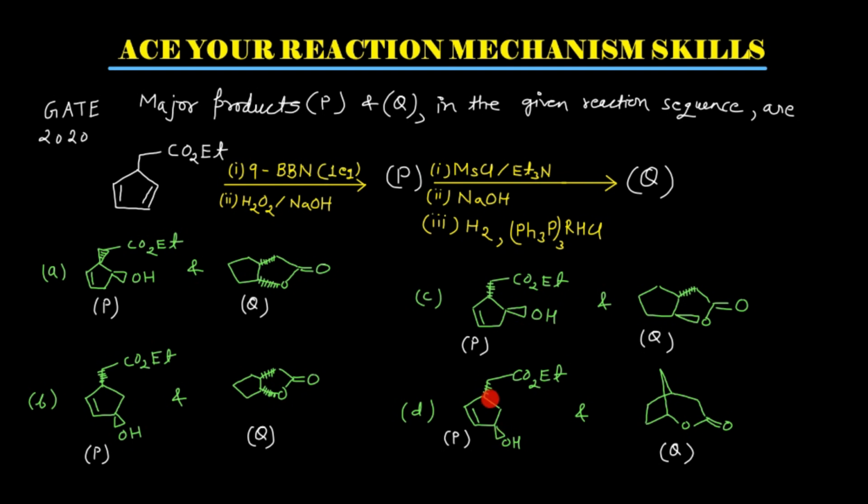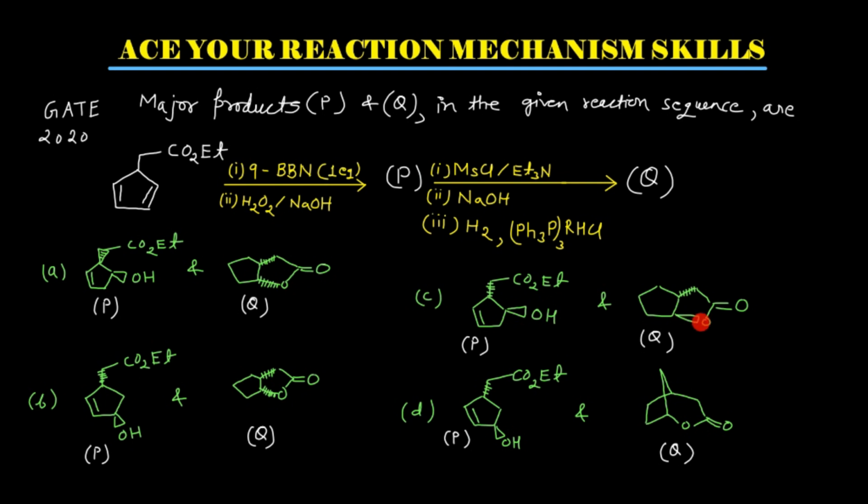So you can clearly discard your B, and you can clearly discard option D. In option D you can see a different kind of product where a higher membered ring is forming, and you have seen already in the reaction that a higher membered ring is not forming, so you can discard option D and option B. So the competition is between option A and option C. Now look at the stereochemistry of this particular compound. This is on the bottom side, this is on the bottom side, but here this is on the bottom side, this is on the top side, and you have already seen syn hydrogenation was taking place.